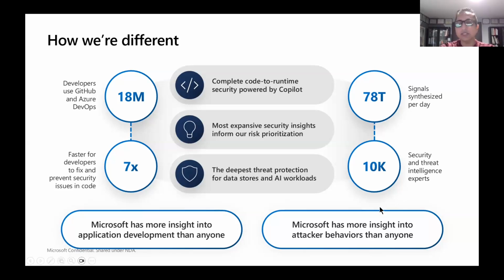This is what allows us to have more insight into the attacker behaviors, right? We're also integrating with many other products, as well as, like I mentioned, for the development side, right? So I'll show you a little bit. That's actually a full topic on its own of how we can protect GitHub and such. But these are basically the benefits and the coverage that we have.